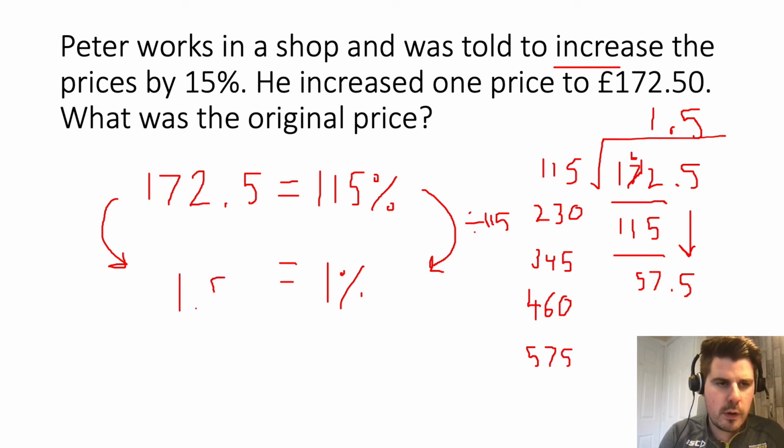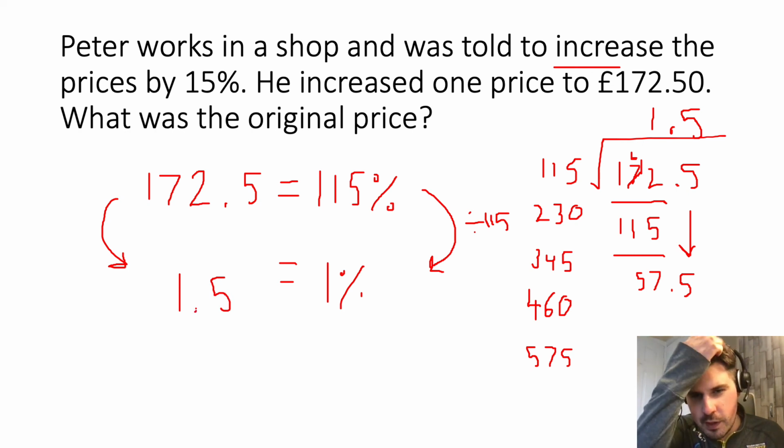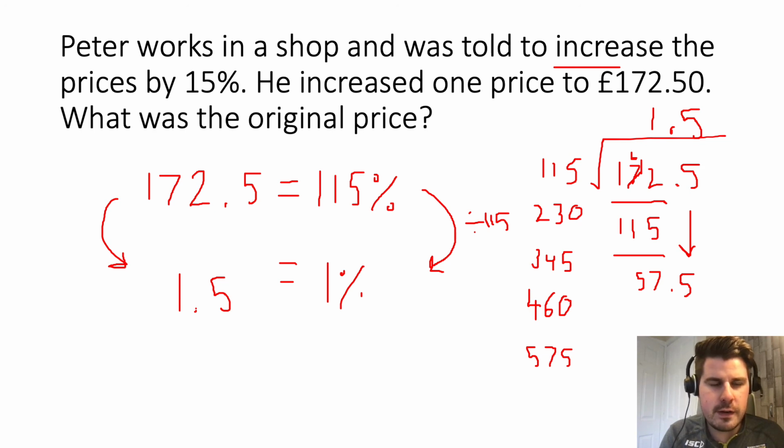That looked quite daunting, but actually when we broke it down into long division, it was okay. We've just done 172 divided by 115, because we divided by 115 to get 1% here, so we had to divide by 115 on this side as well, and that gets us to 1.5. That is the equivalent of 1%. Now comes the easy bit.